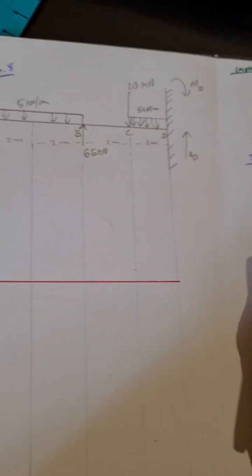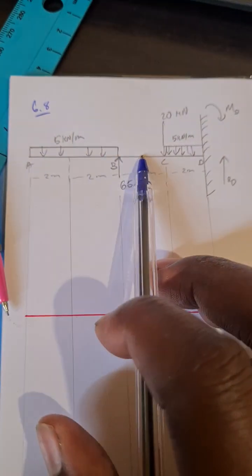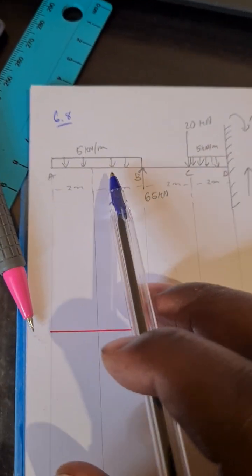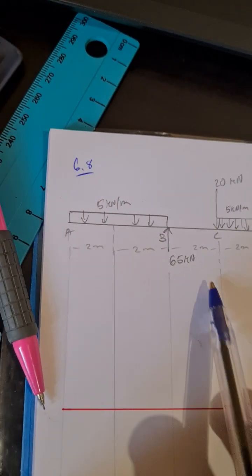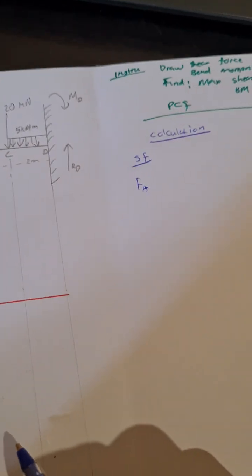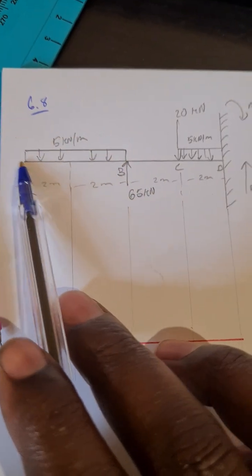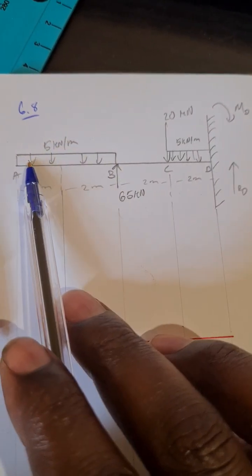Right, so again we need to draw a shear force diagram. So here now we have a UDL, but relax. So again we're going to start with force at A. Let's look at force at A. At A, this is where the UDL starts.